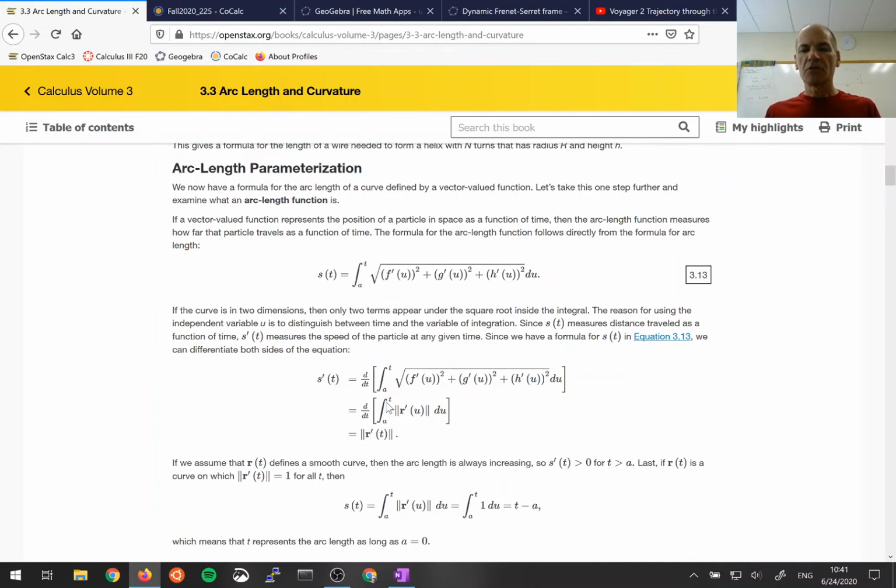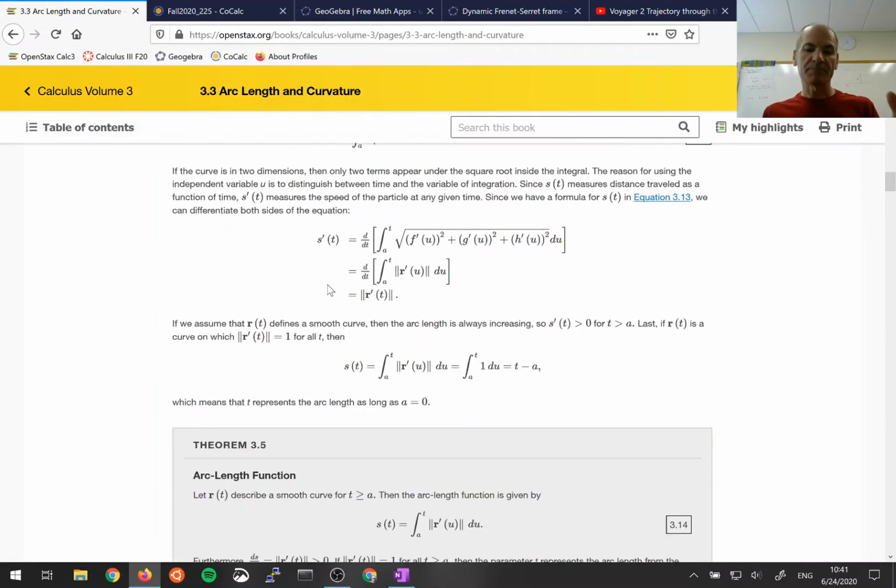Typically what you do is you compute s of t, and if you want to take your original space curve that is just expressed in terms of t, and you want to re-express it in terms of s, all you have to do is solve for t in terms of s and substitute that into your original function, and suddenly it's got arc length parameterization, which we like.